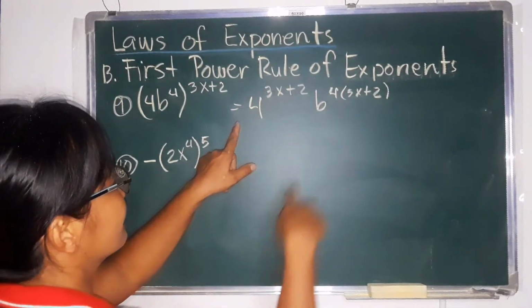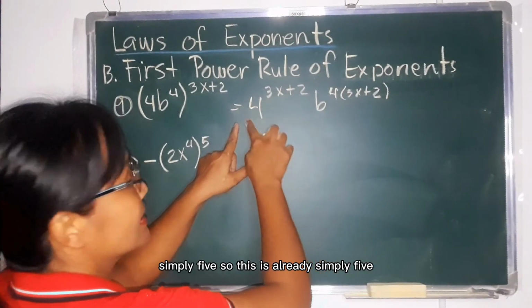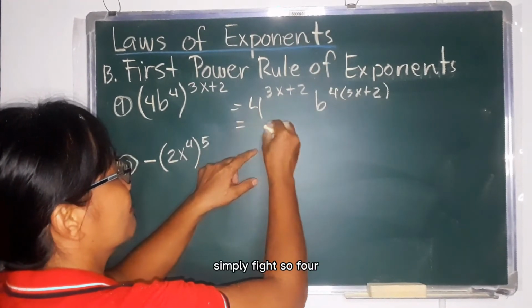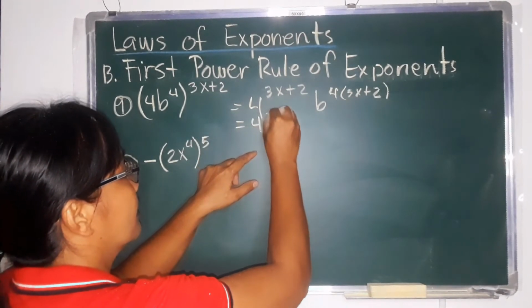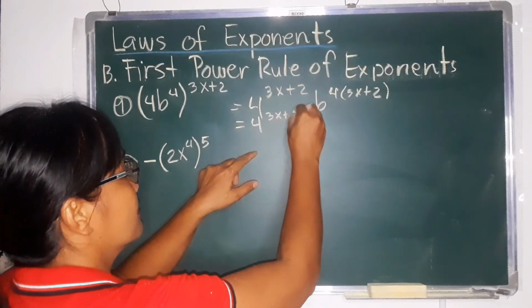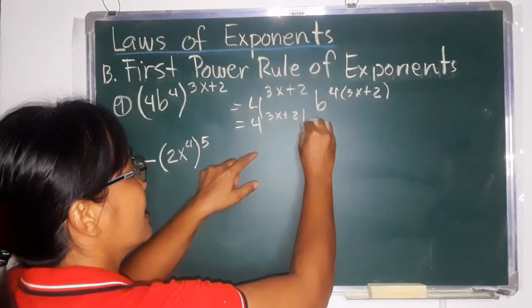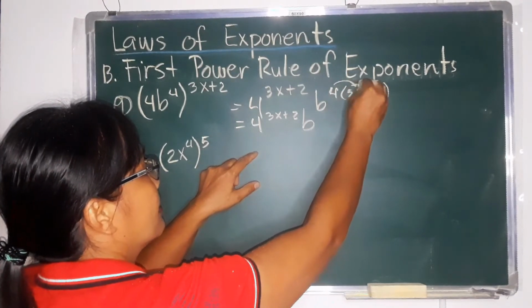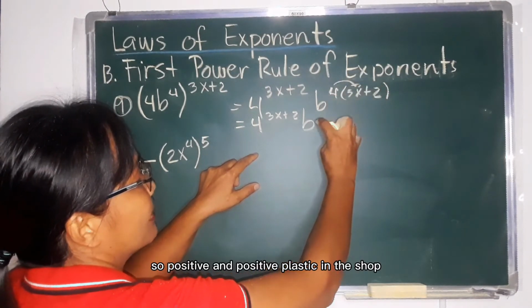Next, simplify. So, this is already simplified. This is the one that we're going to simplify. So, 4, 3x plus 2. Then, b, 4, distributive property. So, positive and positive, it's positive.